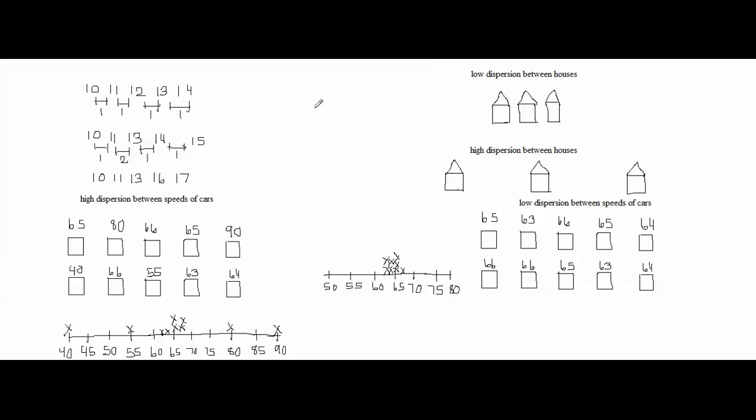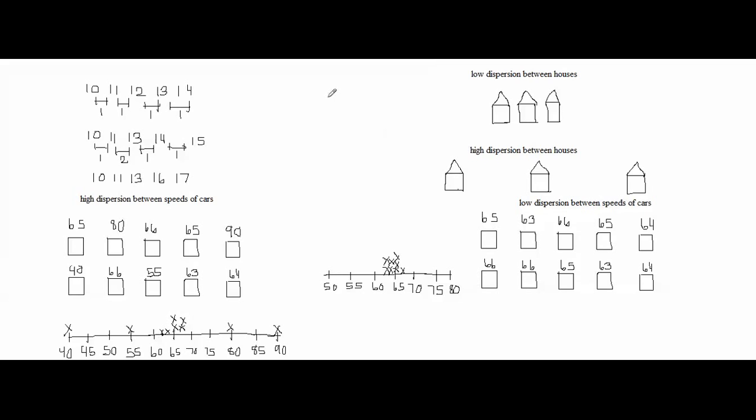Now, realistically, the amount of spread between the students' final exam scores will be somewhere in between those two extremes, but the principal will still be interested in knowing where between those two extremes the class is. Is the class closer to the high amount of spread over here, or is it closer to the lower end of spread down here?